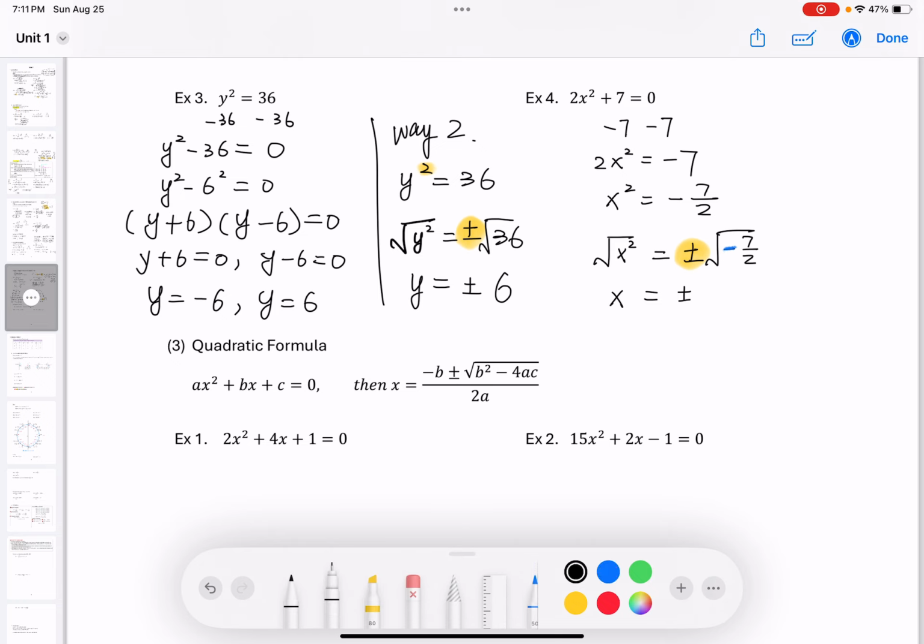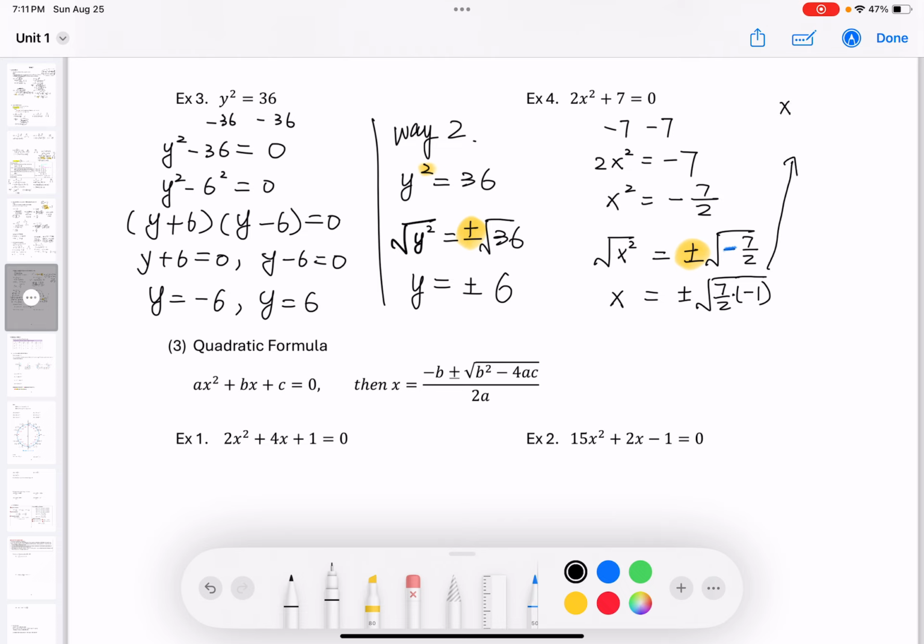So we can separate the positive 7 over 2 and the negative 1 in the square root. In the square root, if it is multiplication, I can separate the two factors. Let's do this. x is equal to plus or minus square root of 7 over 2 times square root of negative 1.